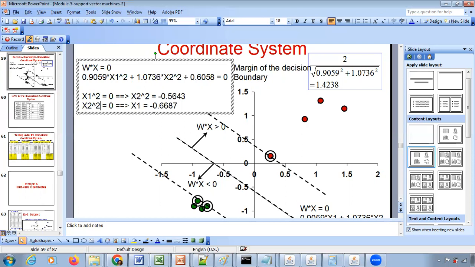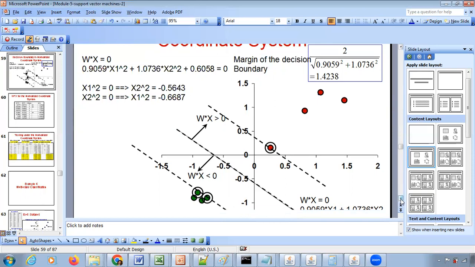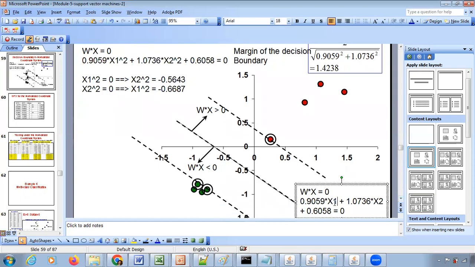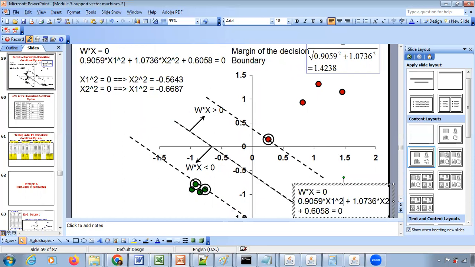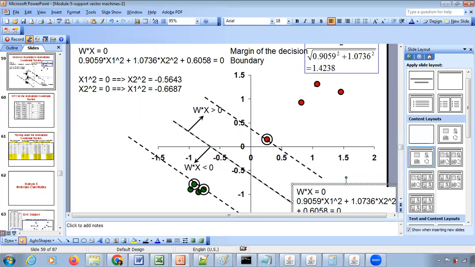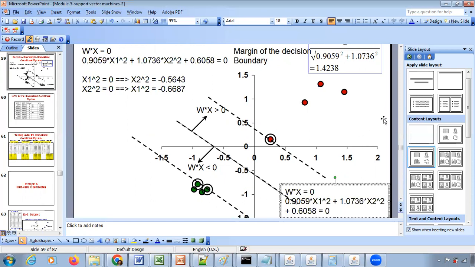So the coordinates are x1 square and x2 square.